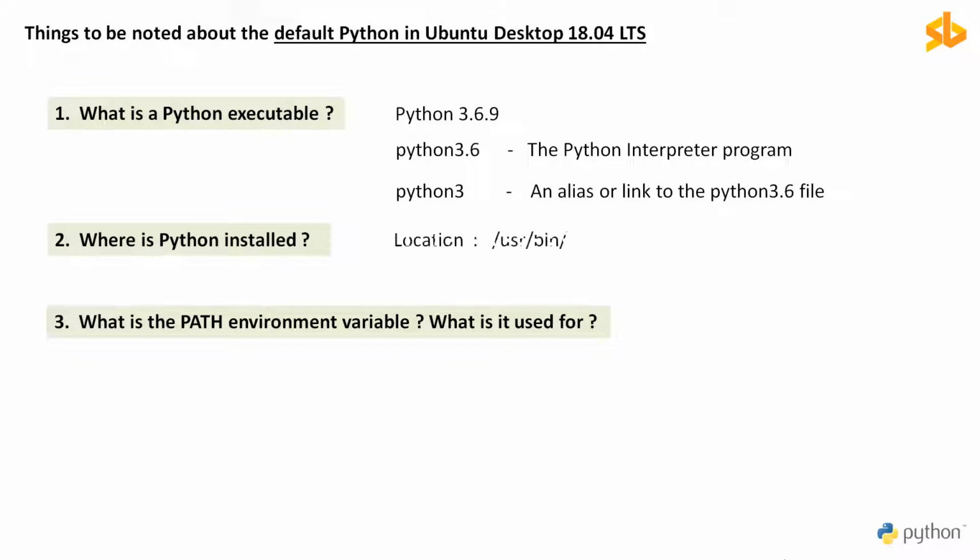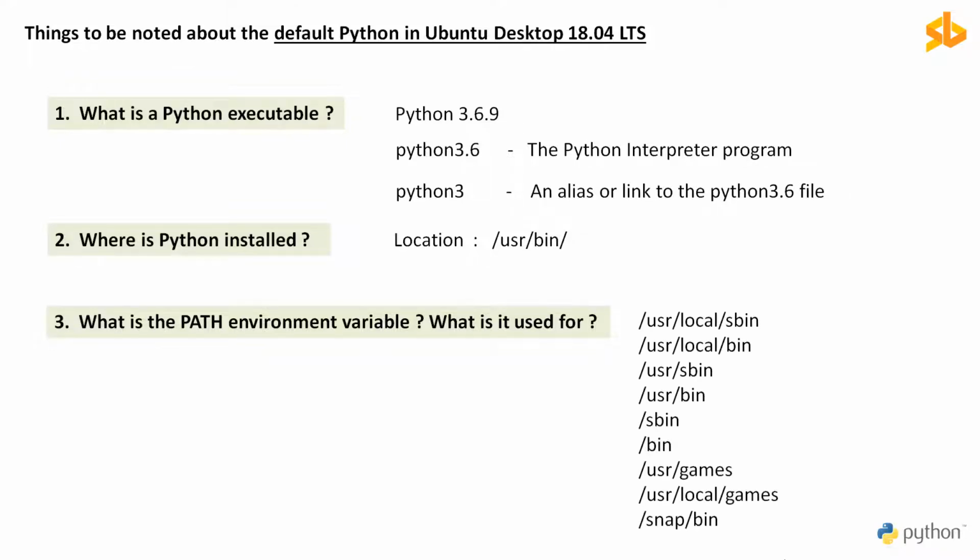They are located in the directory whose path is /usr/bin. By default, this directory location is also stored in the PATH environment variable. The PATH environment variable is generally used to store a list of directories in which the operating system should check for executables. We will not touch this default Python and leave it the way it is, mainly because the operating system depends on it and we don't want to mess it up.